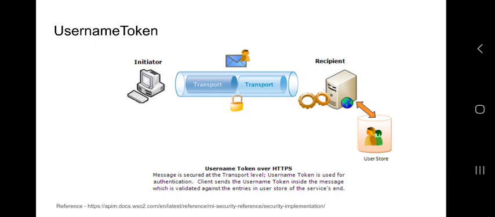So in this scenario, the message is secured at the transport level because HTTPS is at the transport level, and the username token is used for authentication. The client will send the username token wrapped inside the message, and it's then validated on the server side.